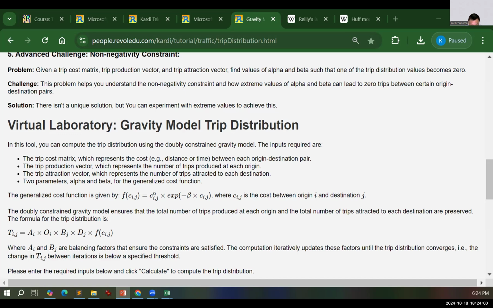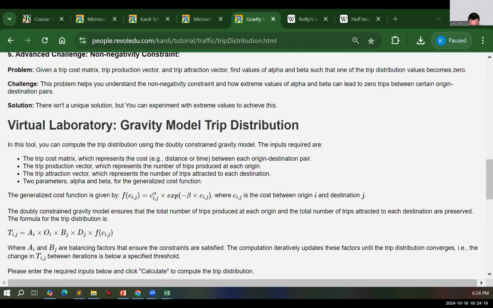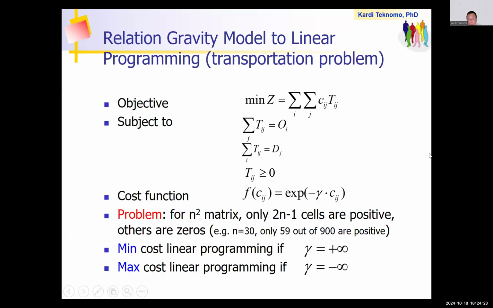So when you want to use linear programming, one approach is you want to minimize a certain z value, which is the sum of cost and the trip, subject to the constraint that the sum of the trips in the rows and in the columns must be the same as Oi and Dj, and then the Dij must be 0 or positive.